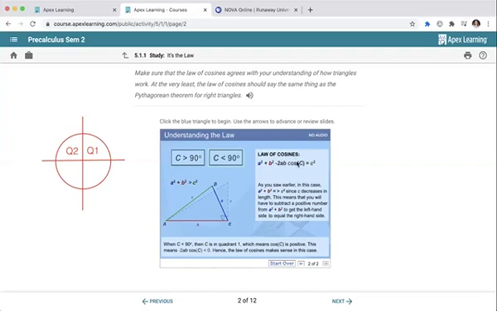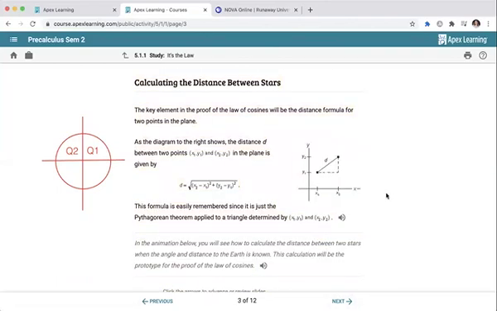The fact that this term here is negative makes this expression true, because it is going to decrease our a squared plus b squared and bring this back towards equal. So right now this makes sense to us.